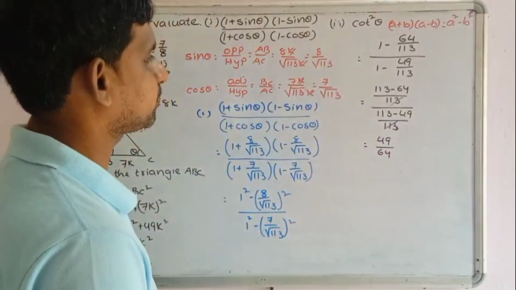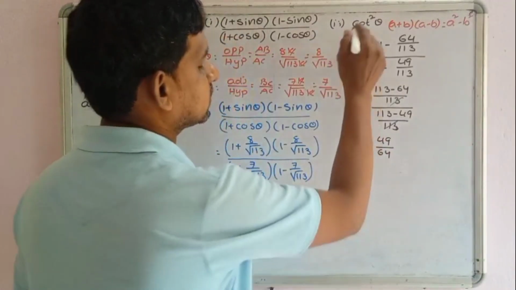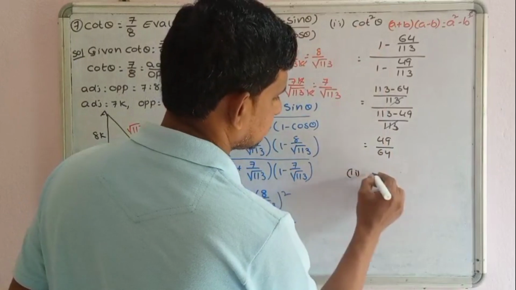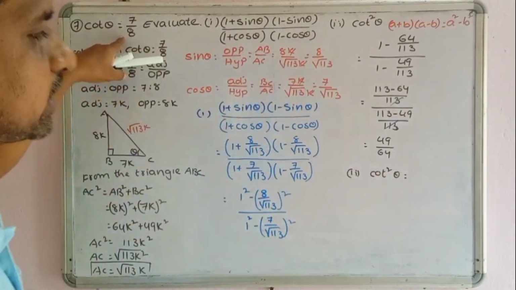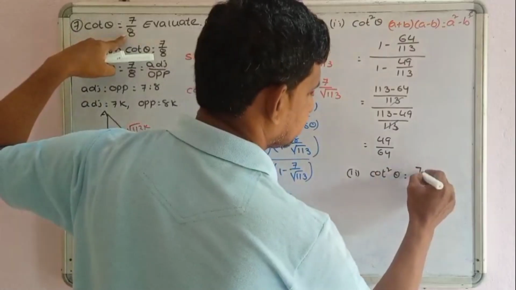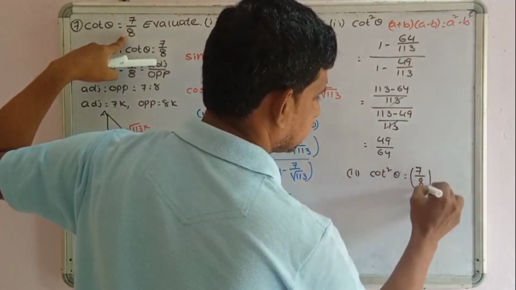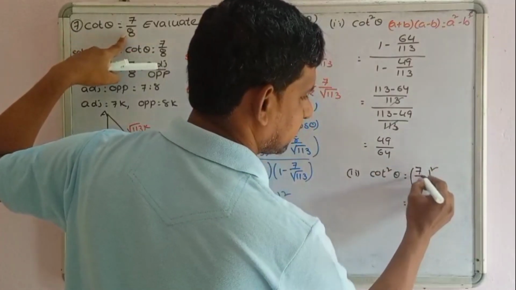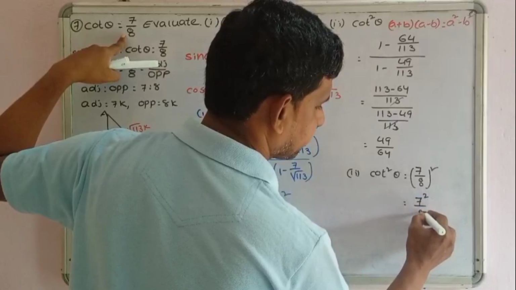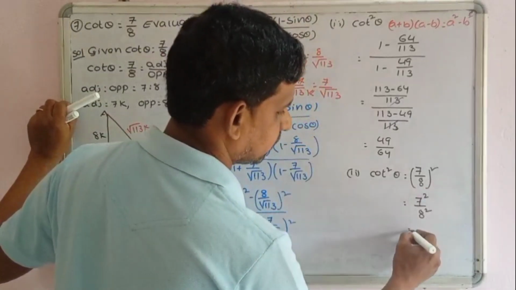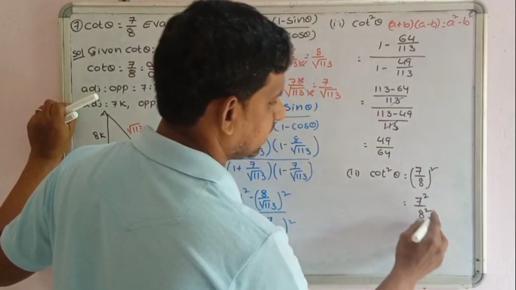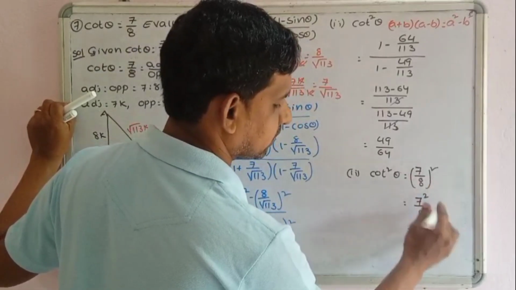Okay, second problem. Cot square theta. What is cot theta? Given cot theta equals 7 by 8, so cot square theta is 7 by 8 whole square, which is 7 square by 8 square. 7 square value is 49, and 8 square value is 64.